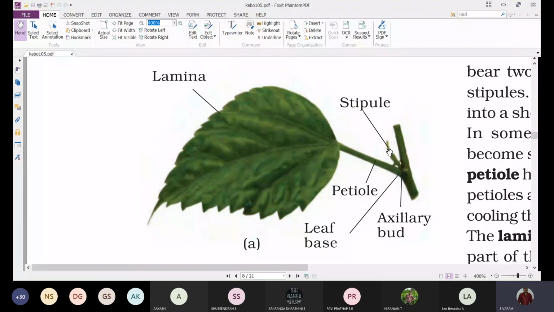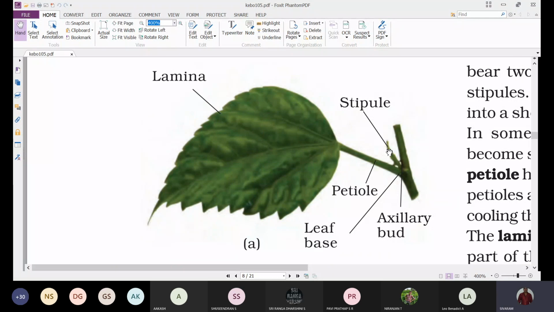That means it helps in the free waving of the leaf due to wind currents, and helps in bending of the leaf in different directions, so that the lamina is exposed to maximum sunlight.